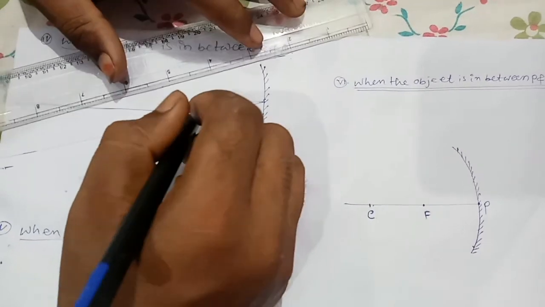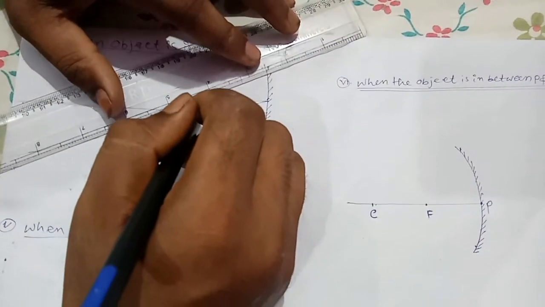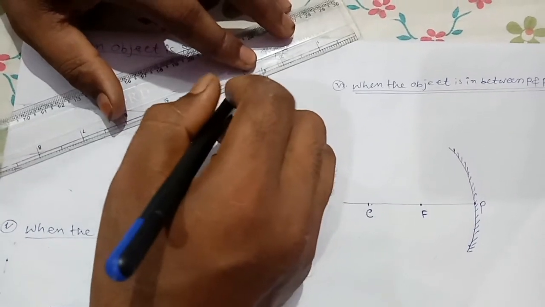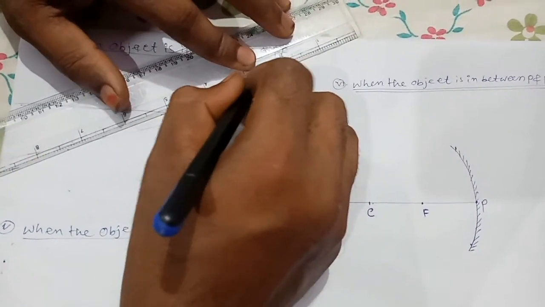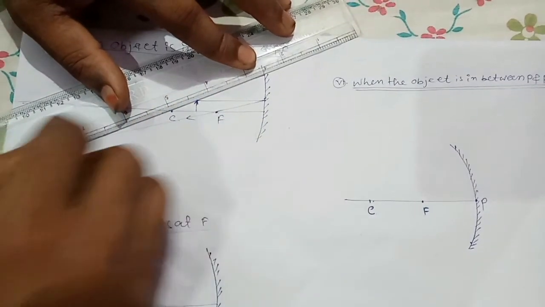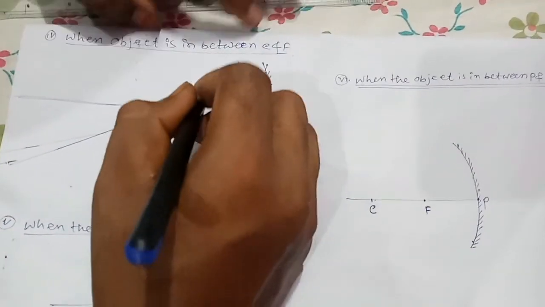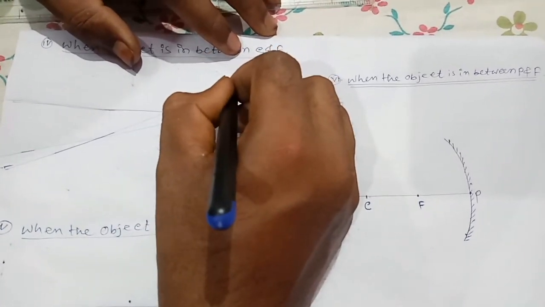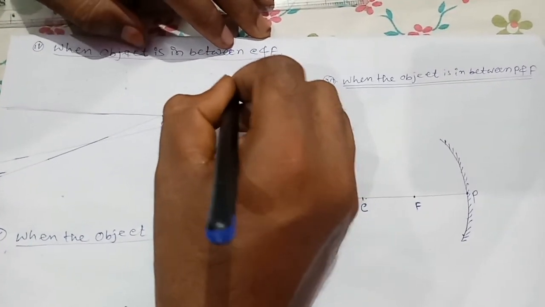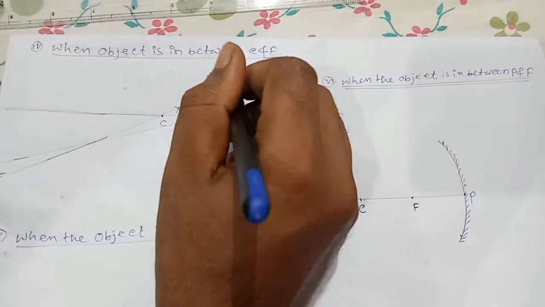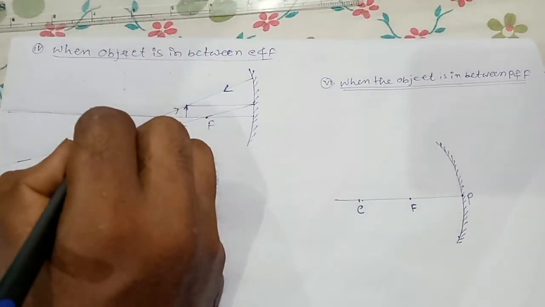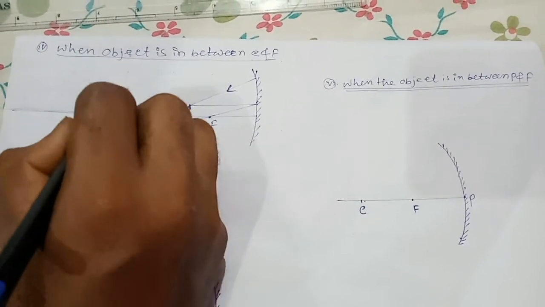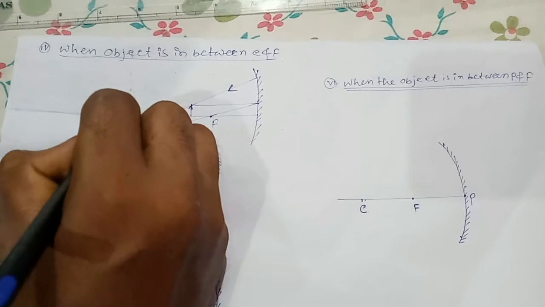Then the incident ray which comes from the center of curvature, after reflection it will be reflected back along the same path. Okay, the two reflected rays meet at this point. So this is our image point and this is the height of the image.